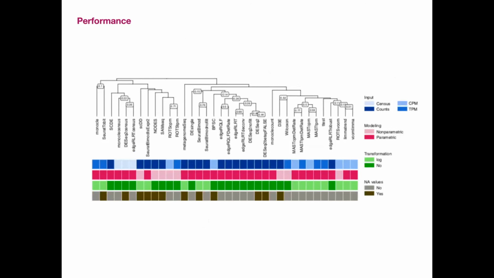And then also they look a bit at how these different methods overlap. So actually MAST and edgeR, limma-trend and Wilcoxon, they overlap quite a lot in what genes you get out from these tools, while some are clearly different.